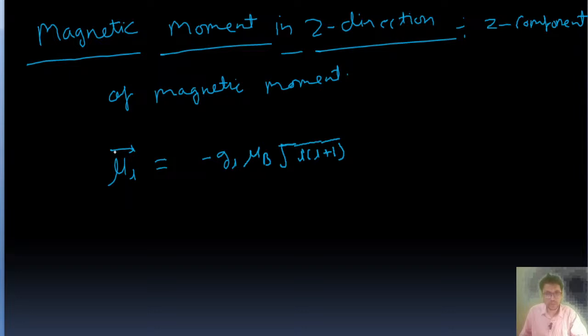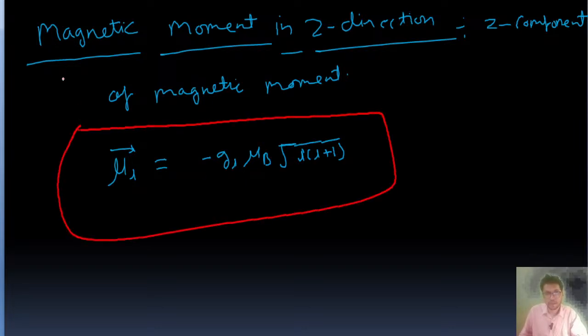Okay, so mu L value is minus GL mu B root L into L plus 1.